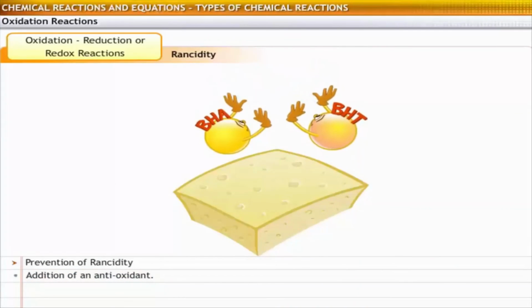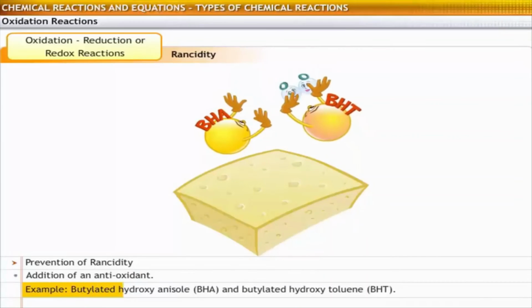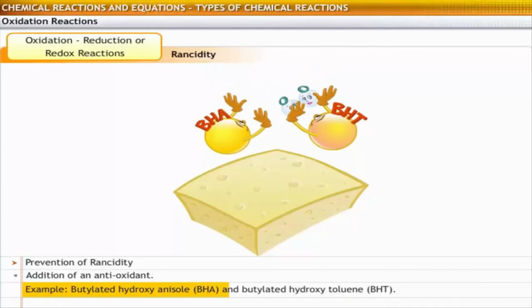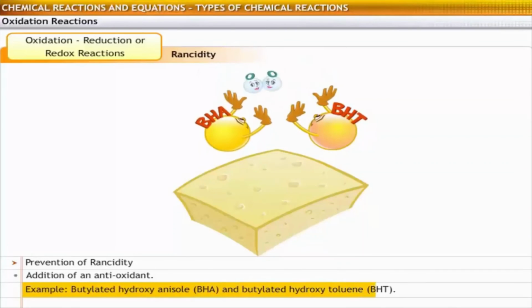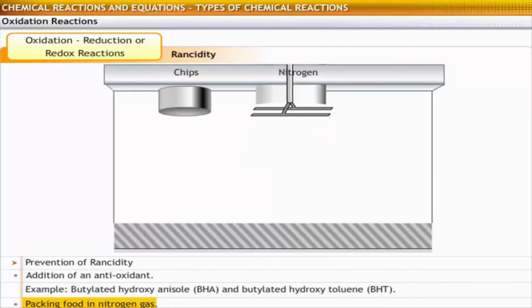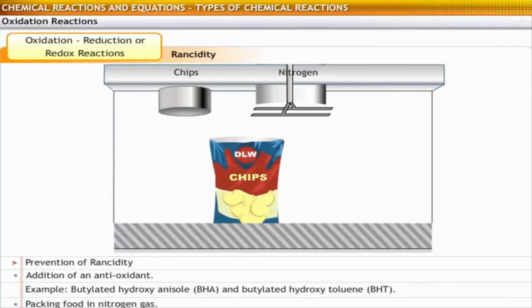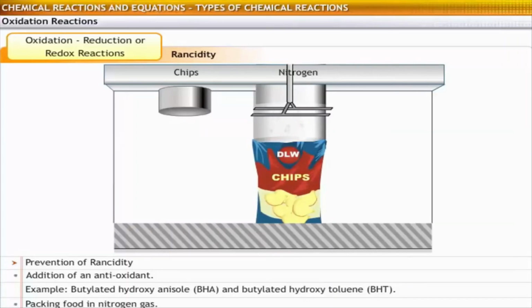Two common antioxidants used in food are butylated hydroxyanisole (BHA) and butylated hydroxytoluene (BHT). The second way is by packing food in nitrogen gas, as nitrogen prevents oxidation of food. For example, rancidity in potato chips can be prevented by flushing the bags with nitrogen while packing.